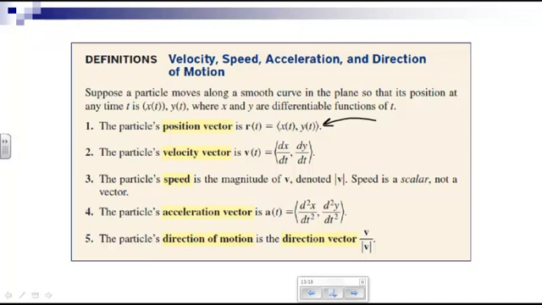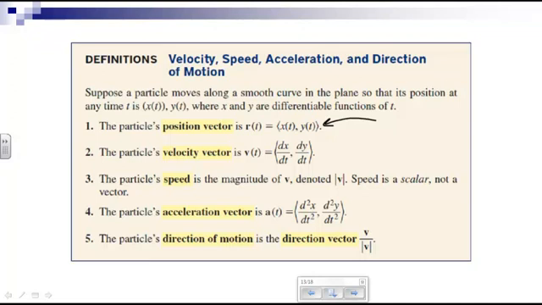We describe the speed of that particle as the magnitude of the vector, because speed is directionless. Velocity has direction, that's why it can be written as a vector, but speed is directionless. It's the absolute value, the magnitude of the velocity vector.